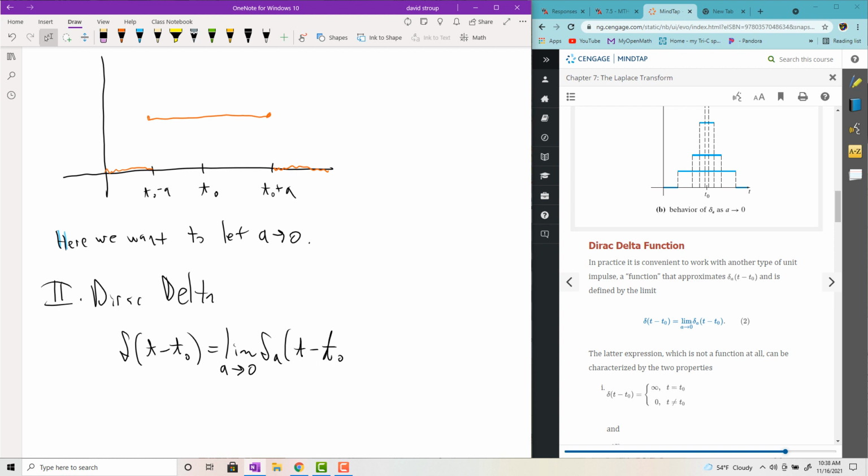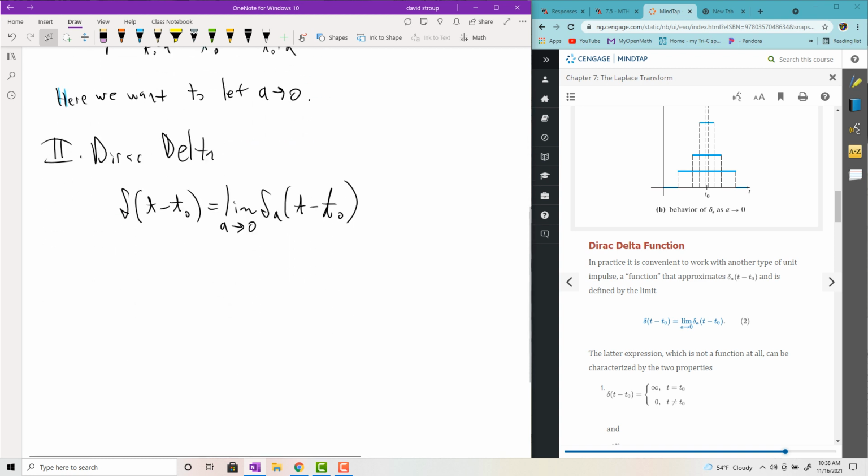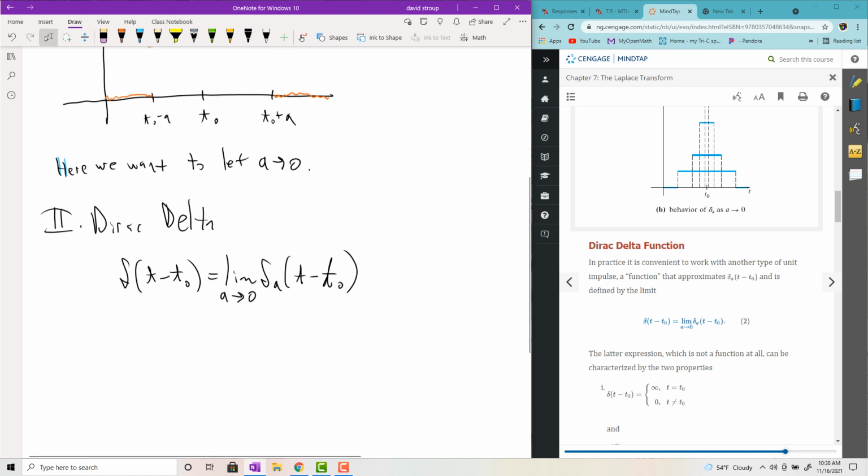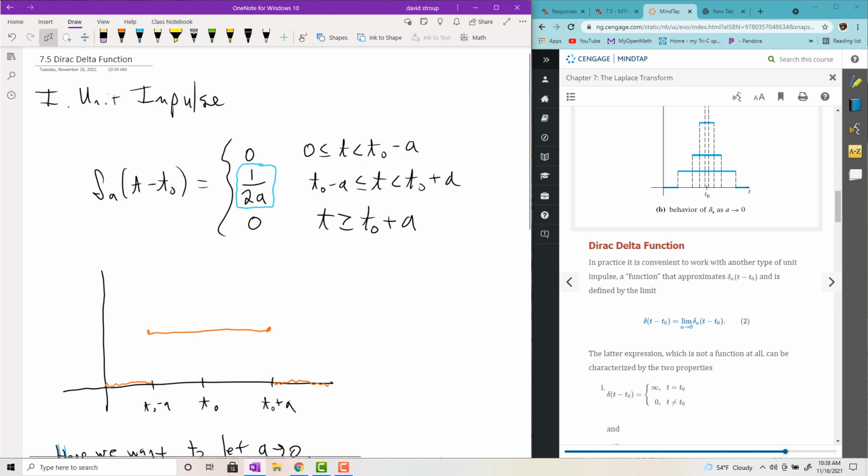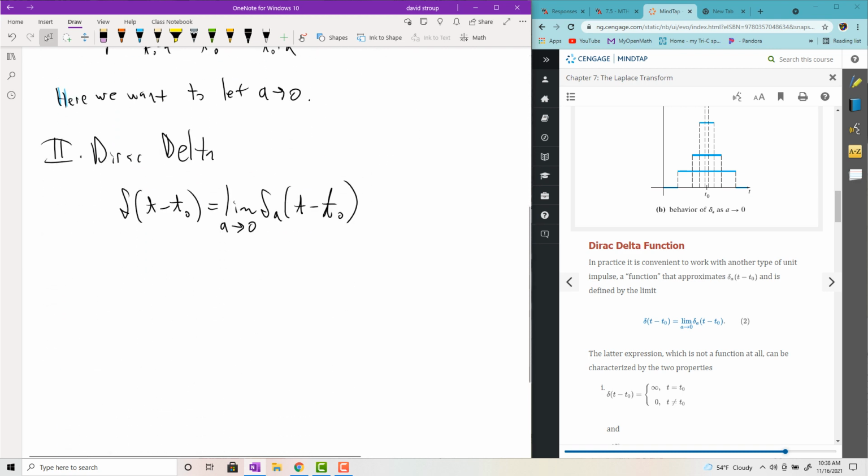In particular, we note first off that infinity issue. At t sub 0, because that middle part is 1 over 2a, that thing will go to infinity at t sub 0. So first off, delta of t minus t sub 0 will equal infinity at that one point, and 0 everywhere else.